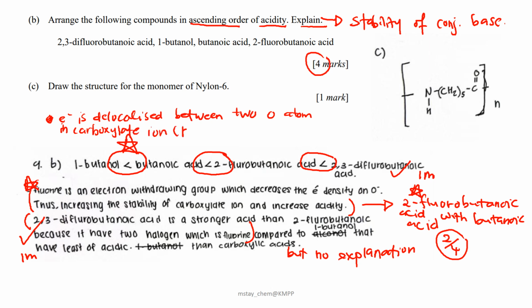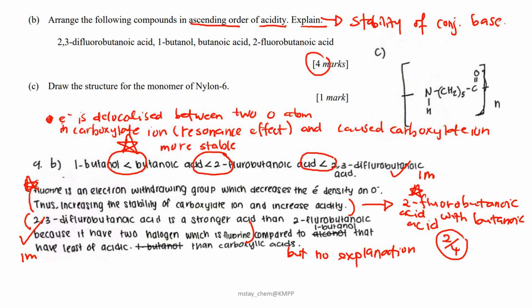This is the resonance effect and causes the carboxylate ion to be more stable.